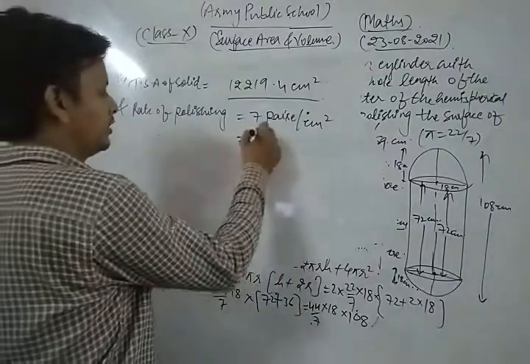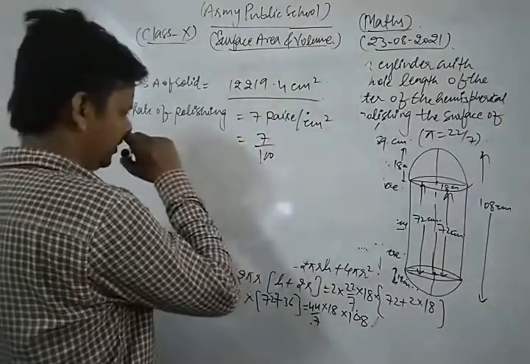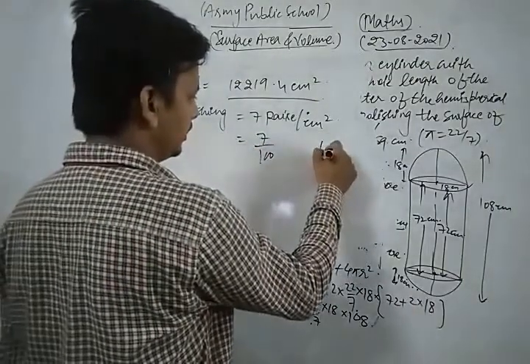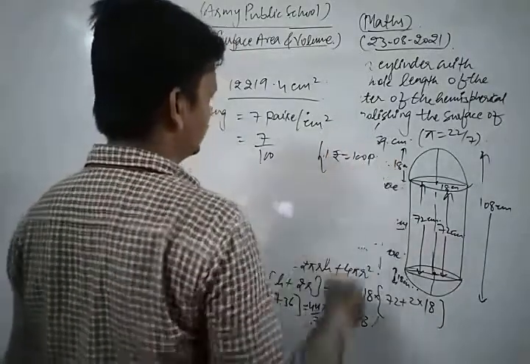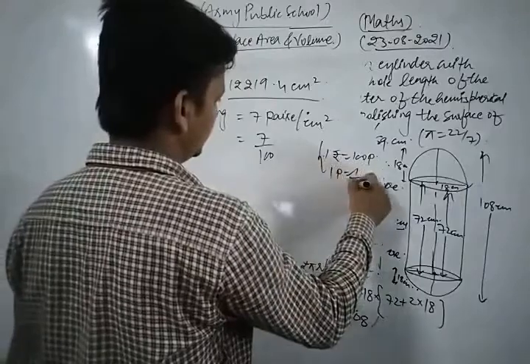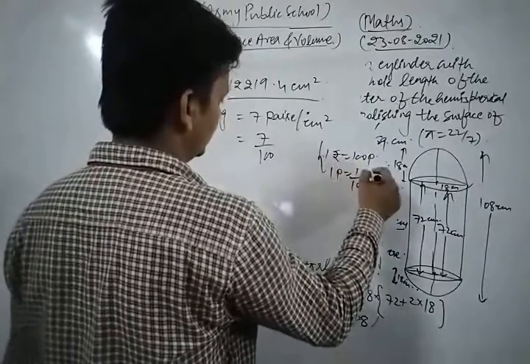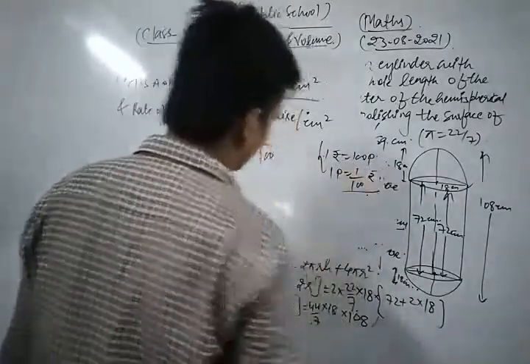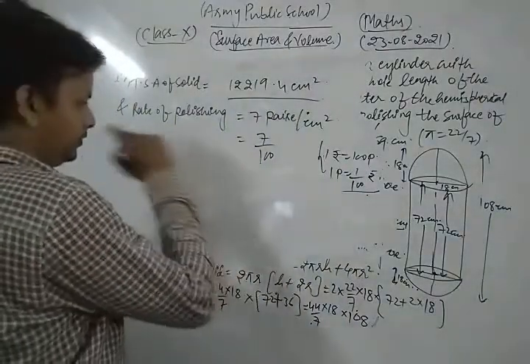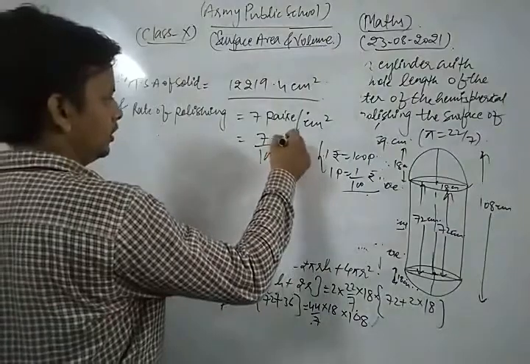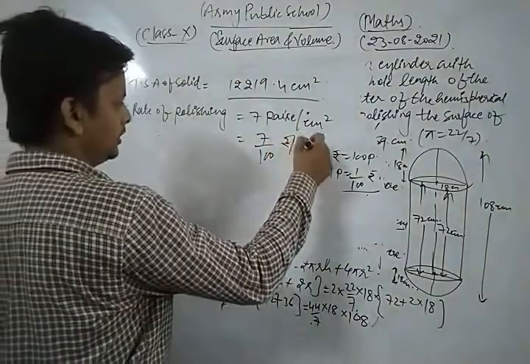We get 7 by 100, since you know that in 1 rupee there are 100 paise, so 1 paise is equal to 1 upon 100 rupees. So this is rupees per centimeter square.